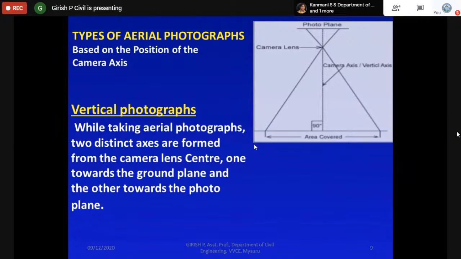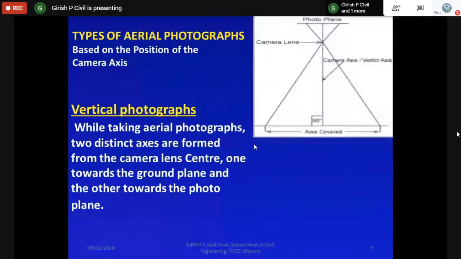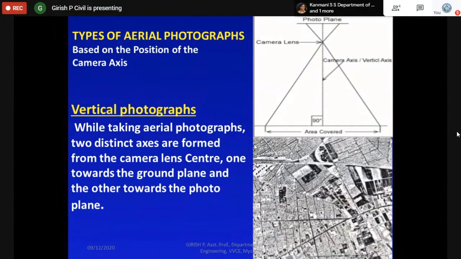Once I fix the photograph for a particular area along the vertical axis, that action of capturing the photo is called a vertical photograph. The particular area is covered with the camera axis vertical, and this is called a vertical photograph.